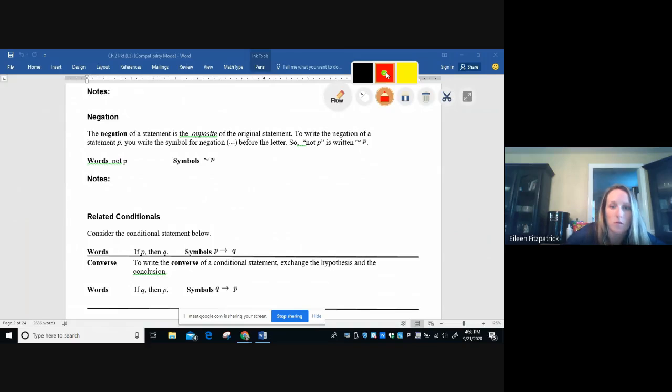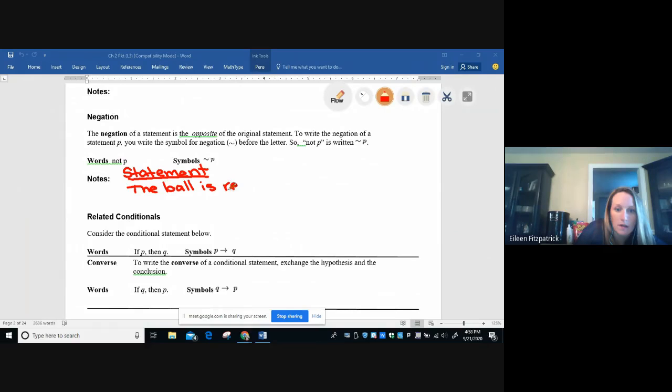All right, so we'll start with a statement. So the statement might be something like, the ball is red. All right. The negation of that statement, so saying the opposite, would simply be, the ball is not red.